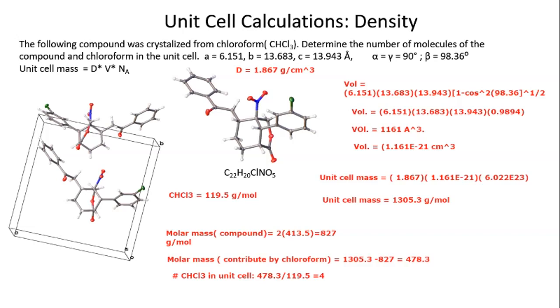Then we subtract out the contribution from the number of the actual compound in the unit cell. There were 2 of them, so that's why we did 2 times 413.5. We got 827. Then we subtract 827 from the unit cell's molar mass. We get the contribution from all the chloroform in the unit cell. Divide that by the molar mass of 1 chloroform. We get there's a total of 4. So this structure has 4 chloroform molecules in the unit cell.